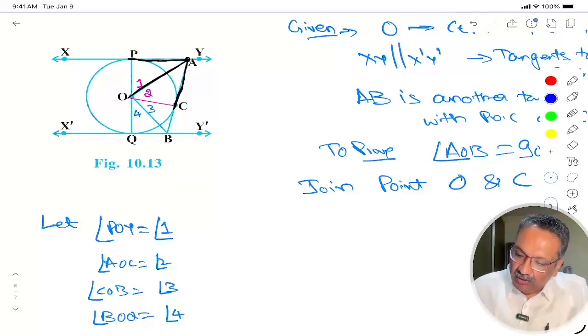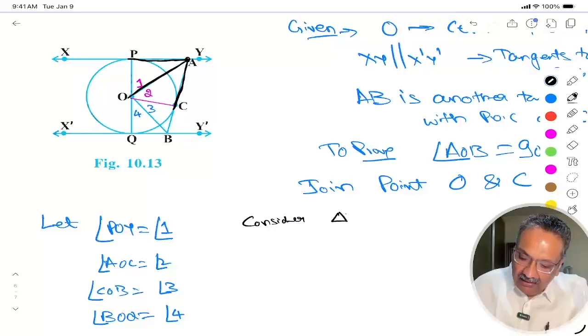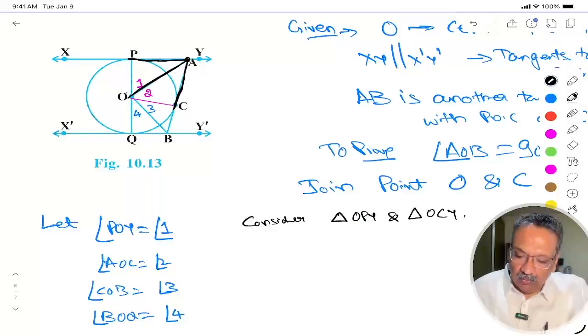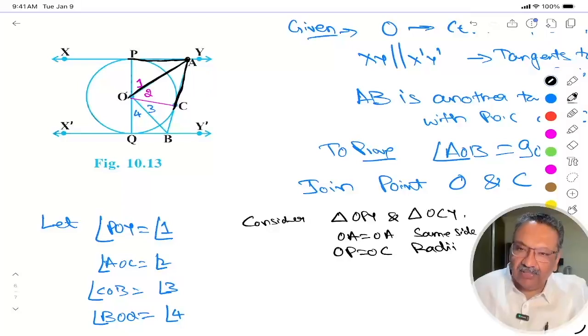Or you can also say that, now if you consider triangle OPA and triangle OCA. Now what do we have? OA is equal to OA because of the same side. Then OP is equal to OC, radii of the same circle.